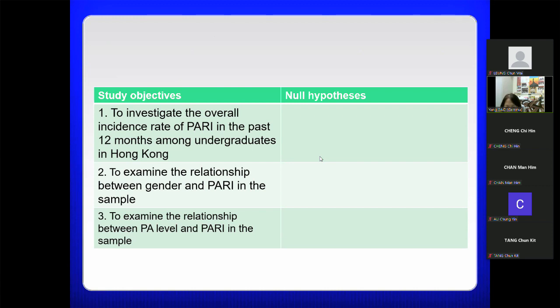That means we can't expect the exact incidence rates for this population. There are also no corresponding tests related to this objective.